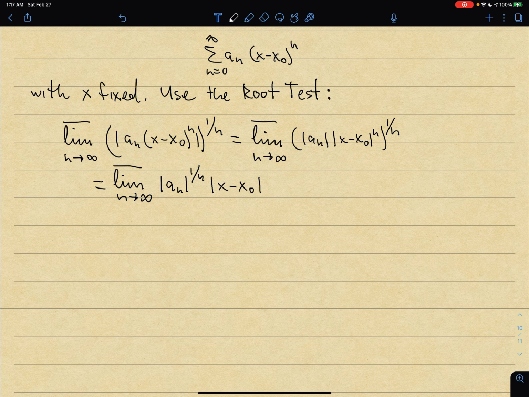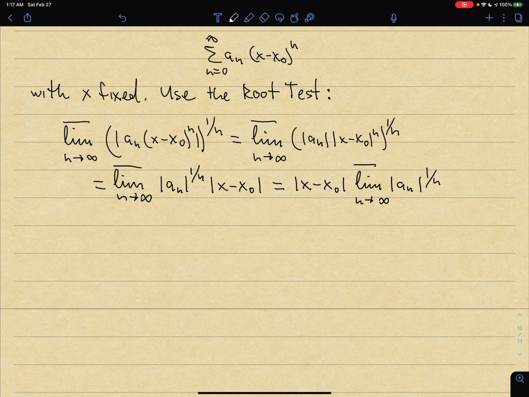Now, when I'm taking my lim sup, everything is positive here, and so |x - x0| is a constant, so I can take a positive constant outside of lim sup. Remember that if it's a negative constant, you cannot do it, but for a positive constant you can. So this is |x - x0| times lim sup as n goes to infinity of the absolute value of a_n to the power 1 over n.